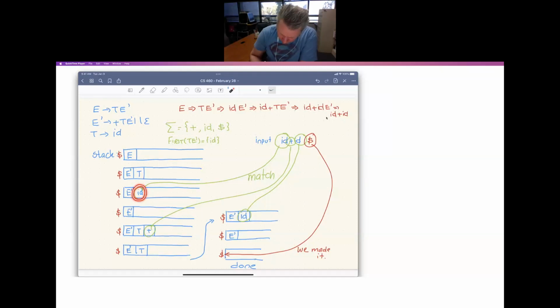Now I have a terminal on top of the stack that has to match the lookahead. If it didn't, then we'd never be able to derive the lookahead. And if we do get a match, then we can remove them and move on. So we can use the first sets of the right-hand sides to drive the replacement of the non-terminal on top of the stack, depending on what the lookahead is. And if I have a terminal on top of the stack, we can do a match, just like we did before.